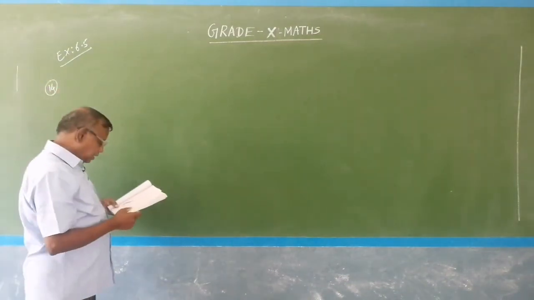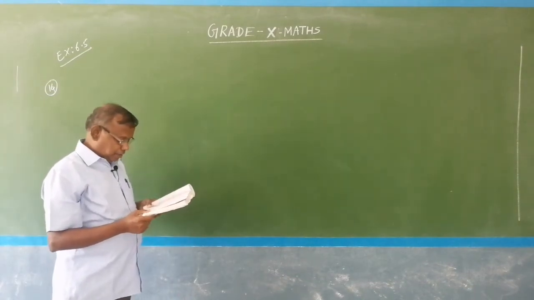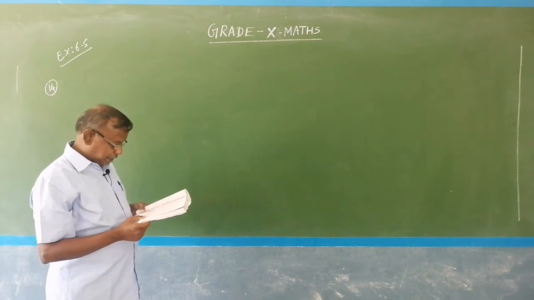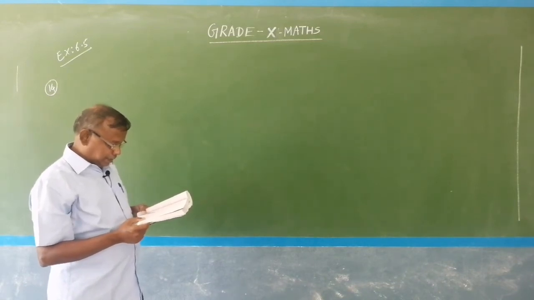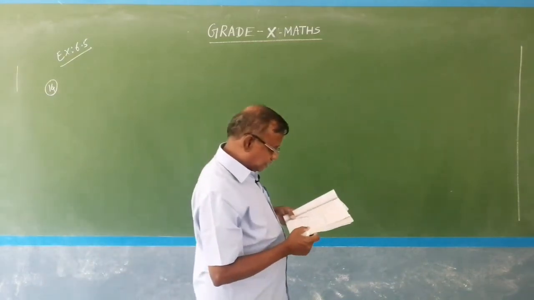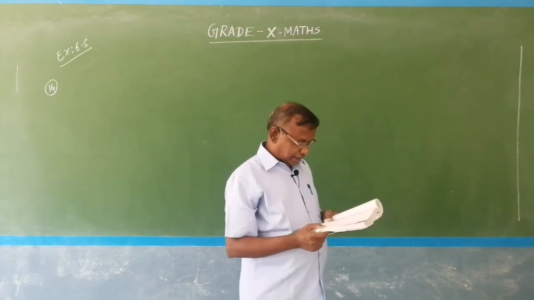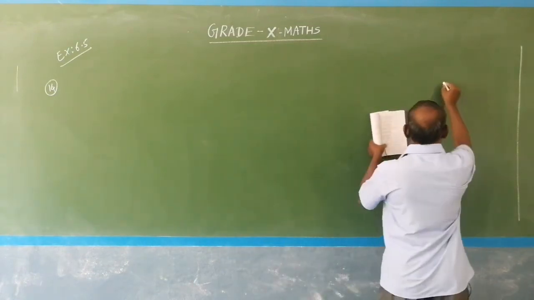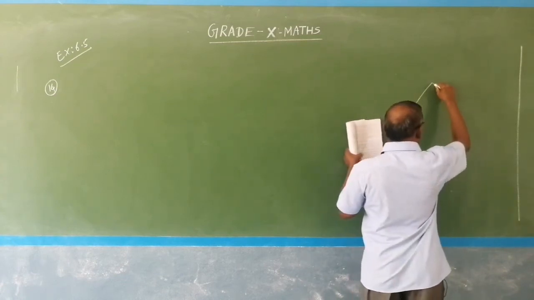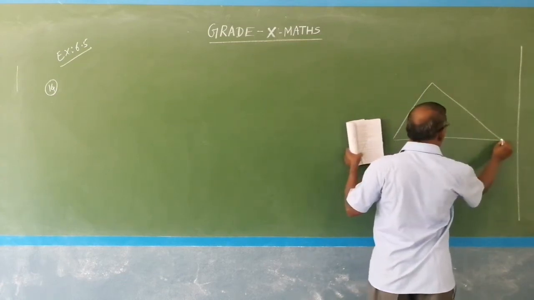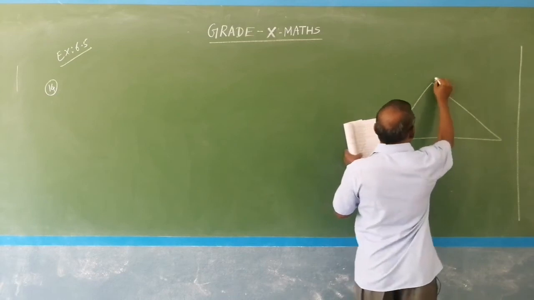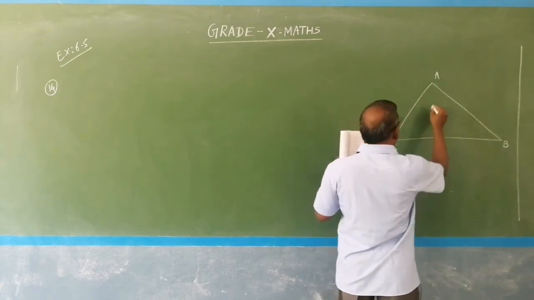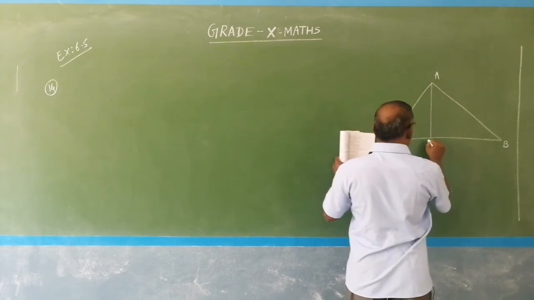The perpendicular from A on side BC of a triangle ABC intersects BC at D such that DB equal to 3CD. We are given the diagram 6.55. Let us draw the diagram first. Triangle ABC, in which AD is the altitude.